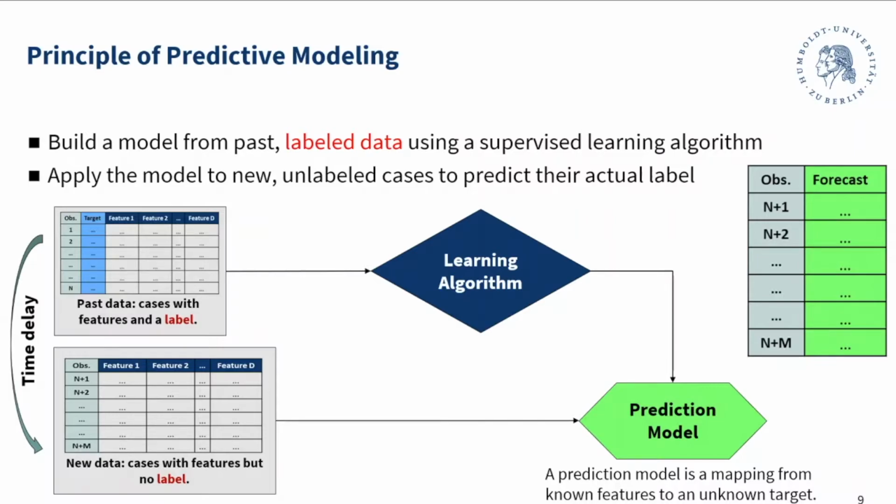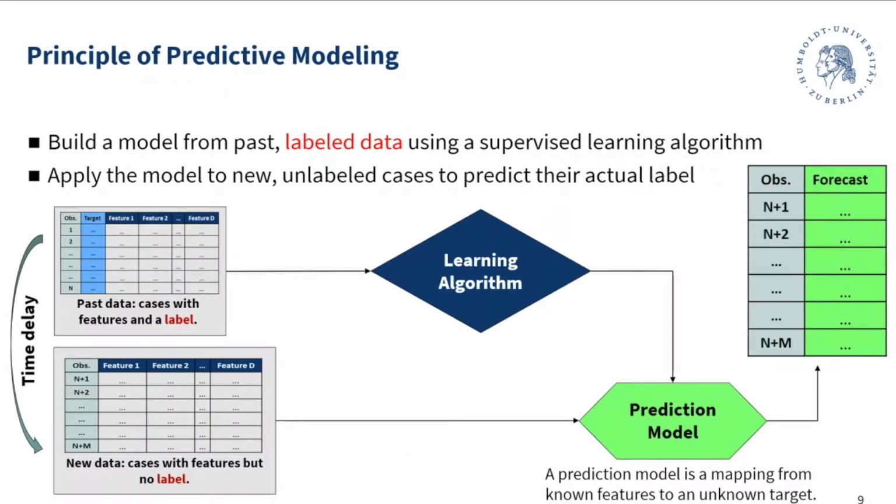It's not essential, though, that there is this temporal element of the labeled data being collected in the past and the data that matters for the application, the data where we apply our model, being collected in the present. It's commonly the case, but it's not mandatory.